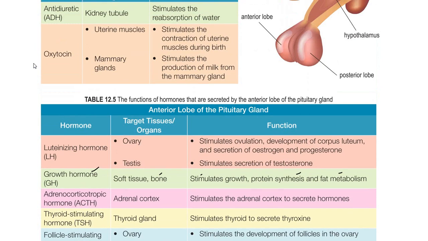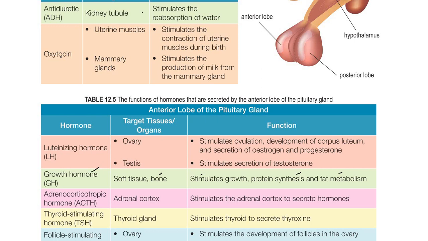Same with the antidiuretic hormone, ADH. The target organ is the kidney tubule. When it acts on the kidney tubule, it stimulates the absorption of water, which will occur in the kidney tubule. So the function will occur in the target organ. Same with oxytocin, which reacts on the uterine muscles.